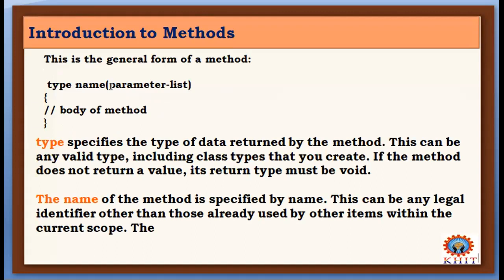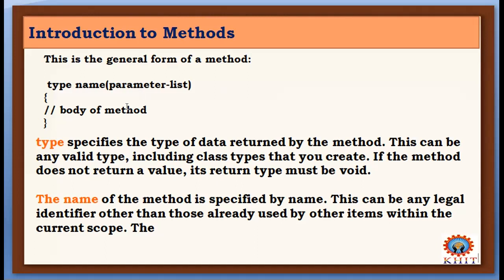That means if you want to calculate the area of something, then you will take some attributes in the class like width and height, and then you will write a method through which you can find the area of that particular circle or something like that. So it is a specific thing which performs a particular task. That is what is called a method.